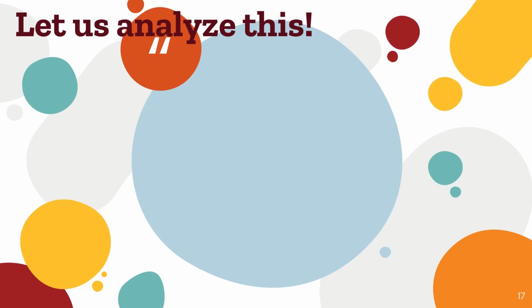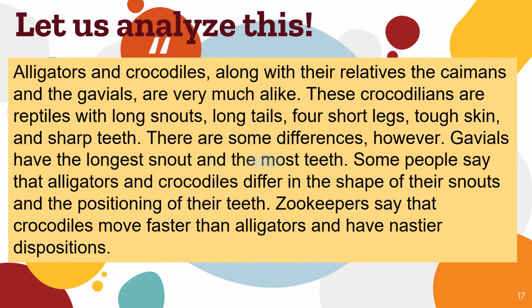Okay, let us analyze this also. Alligators and crocodiles, along with their relatives the caimans and the gavials, are very much alike. These crocodilians are reptiles with long snouts, long tails, 4 short legs, tough skin, and sharp teeth.